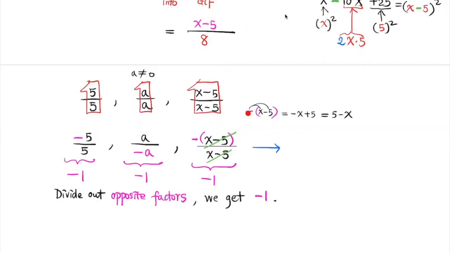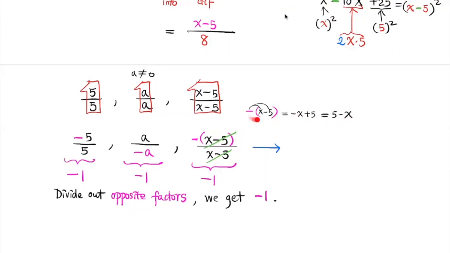Notice that the opposite of the quantity x minus 5, if we distribute the negative sign inside, becomes negative x. Negative times negative here is positive, so it becomes plus 5. Now we can rearrange the terms as long as we take the sign in front of it with us. So we can put the plus 5 in front, minus x in the back.